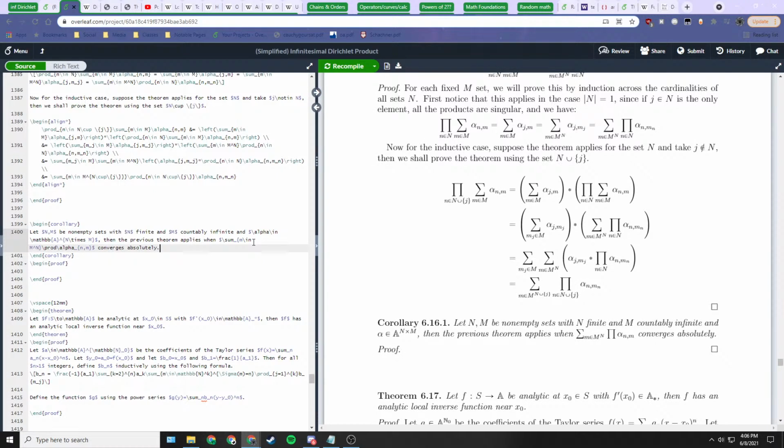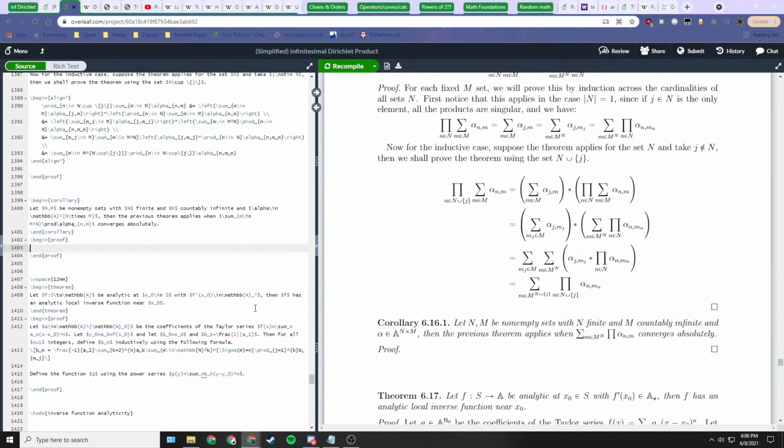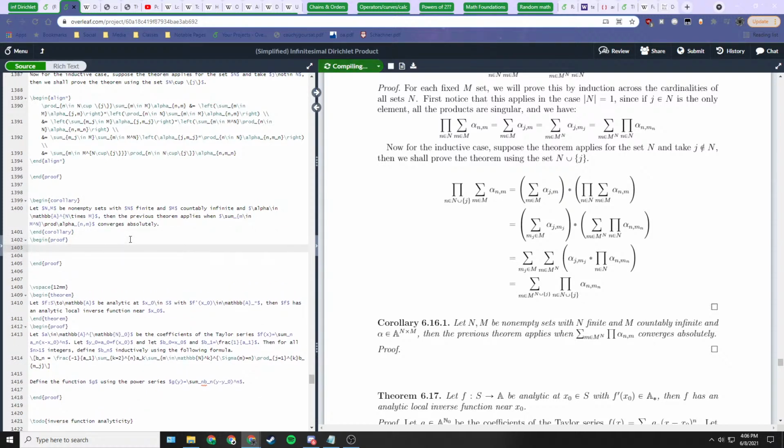Okay, yes. So as long as the sum of products converges absolutely, we want to say that this will still apply. So the way that we'll do this is we'll say, okay, since m is countable, we can rewrite, oh wait, actually this doesn't make sense.